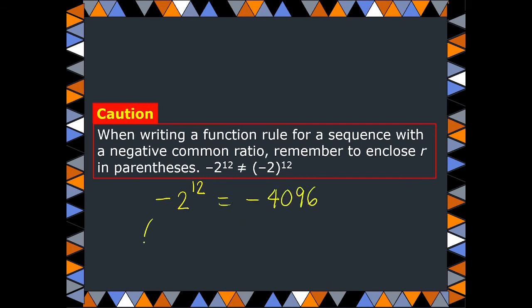But if I'm going to place it inside a parenthesis, it will give me positive 4,096. So determine the difference. If I'm going to be placing a parenthesis, the negative sign is included with the exponent 12. But if there is no parenthesis, it's only the 2 and the negative sign isn't included with the exponent. So that is the difference between having a parenthesis and not having a parenthesis at all.